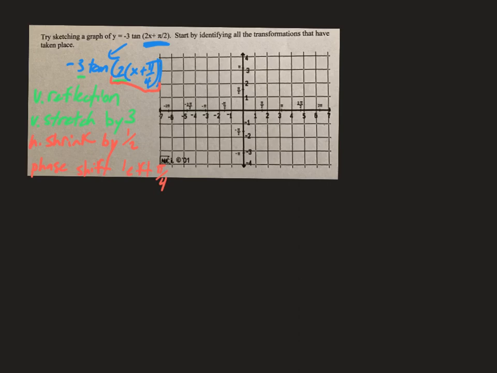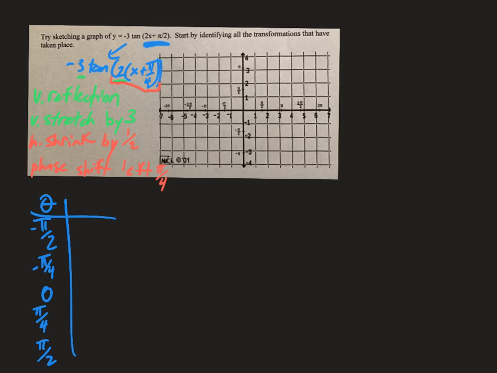Okay, if you're feeling comfortable, again, guys, go ahead and progress forward. Try to make the table and start filling in this graph. All right, so we'll start with the key points for this. And again, I have to start with theta. So negative pi over 2, negative pi over 4, 0, pi over 4, and pi over 2. Standard values, guys. We use the same ones for every single tangent function.